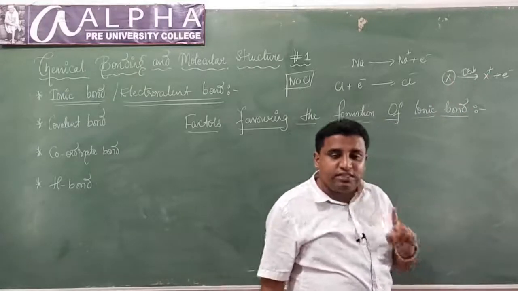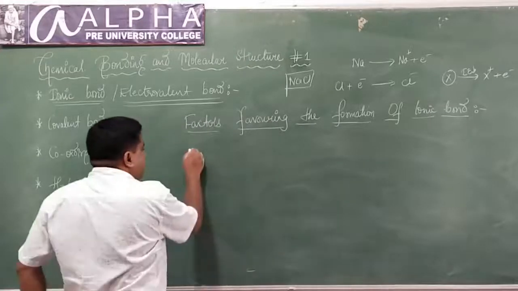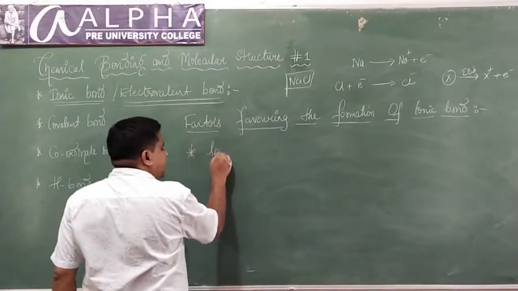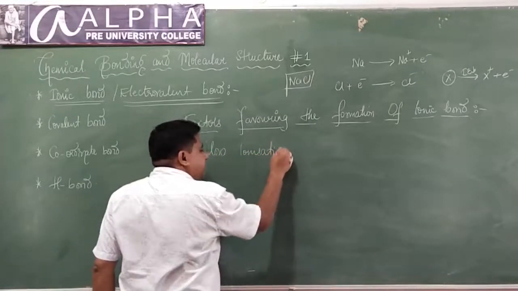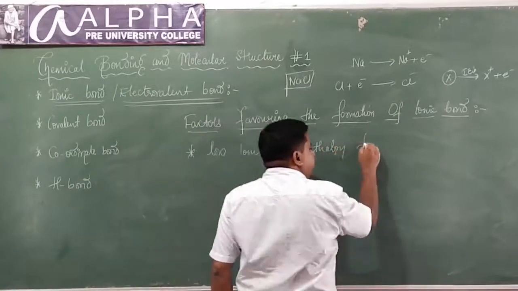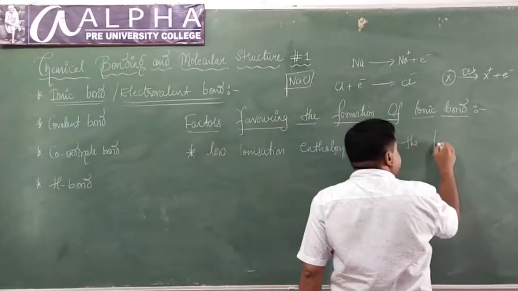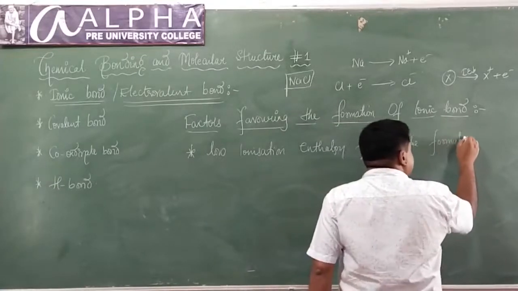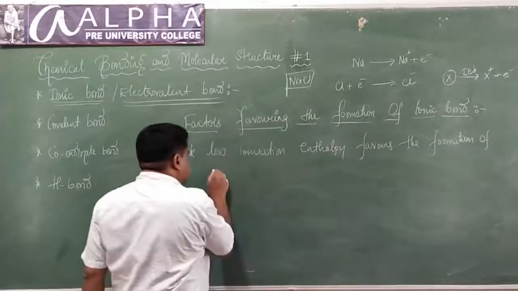So the first factor which favors the formation of ionic bond is low ionization enthalpy. Low ionization enthalpy favors the formation of what? Favors the formation of a cation, isn't it?